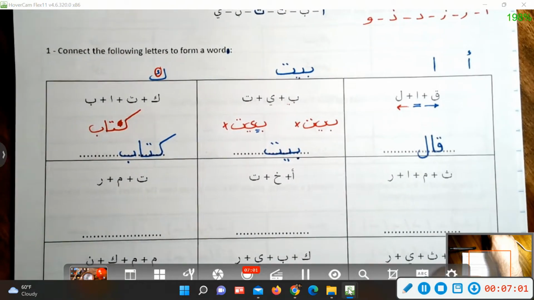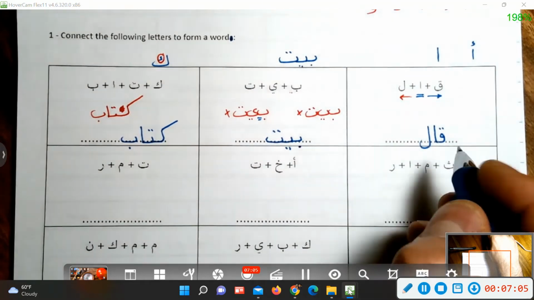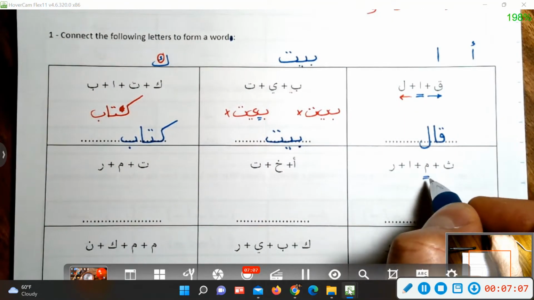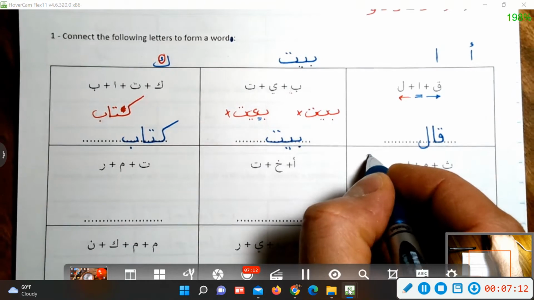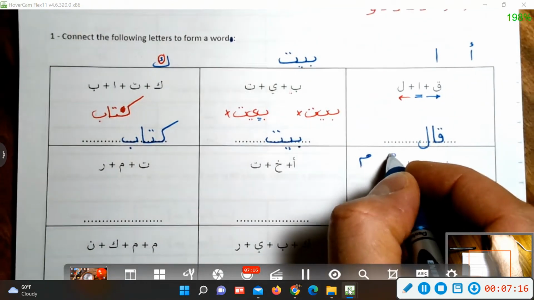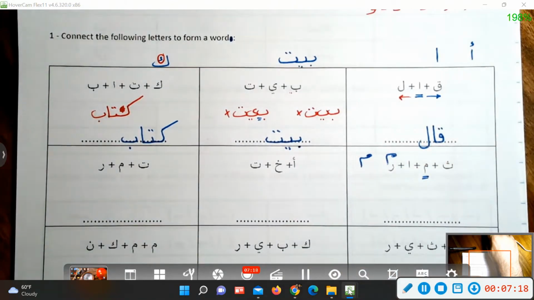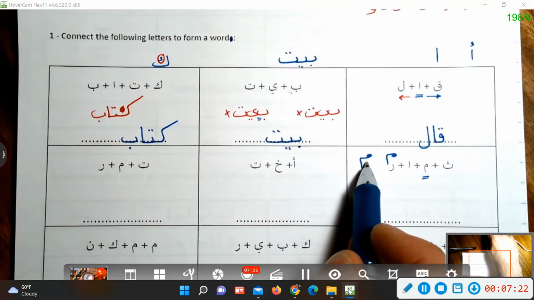The next word, thimar. Now notice something here. The meem, because it's a printed letter, looks different from the written meem. This is a written meem, or this is a written meem. You extend the line from the top or from the bottom.